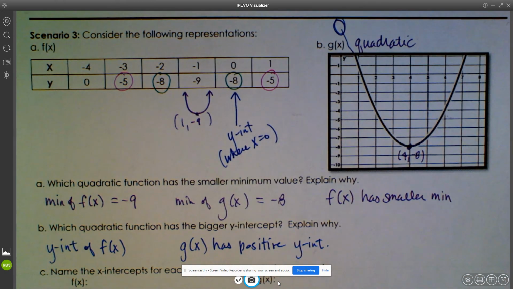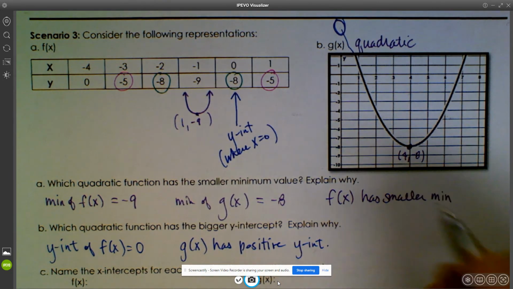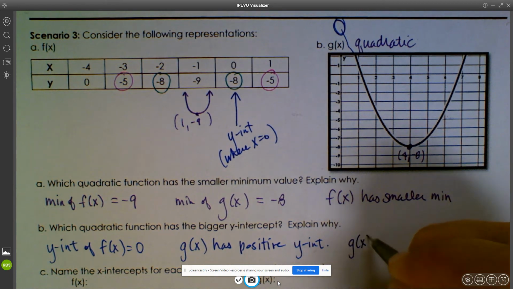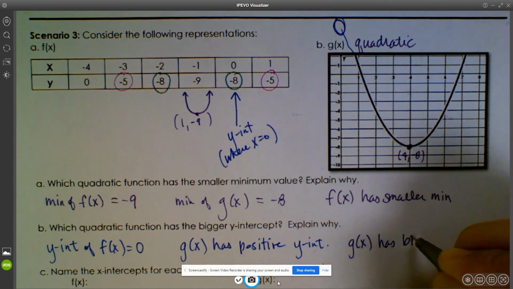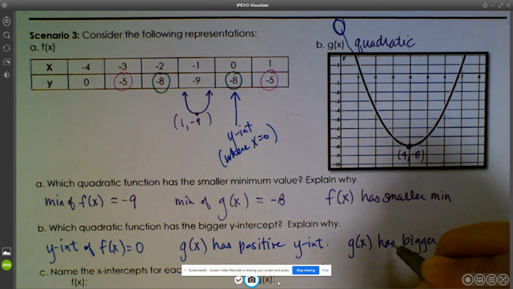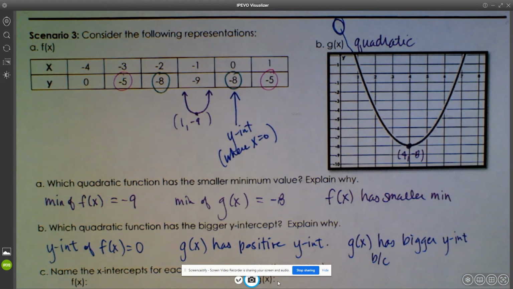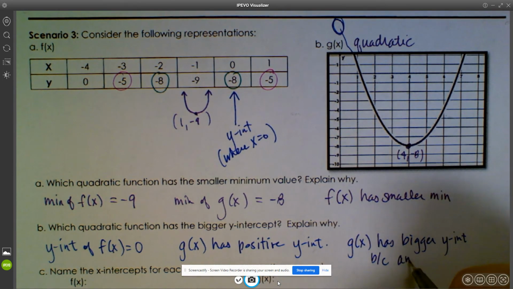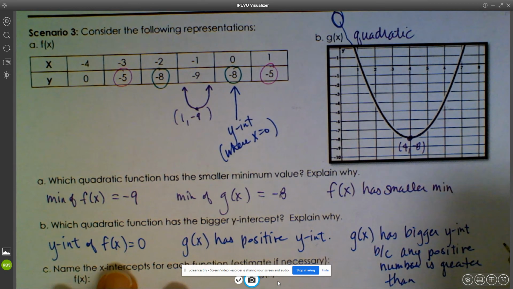That's where x equals 0. So which one has the bigger y-intercept? G of x has the bigger y-intercept because any positive number is greater than any negative number.